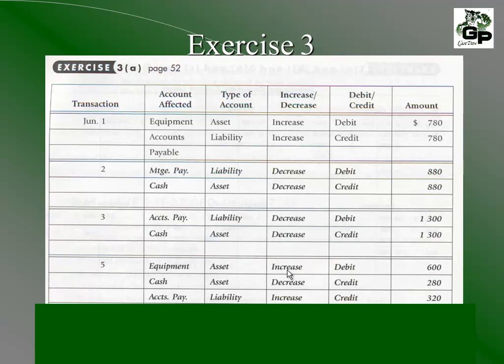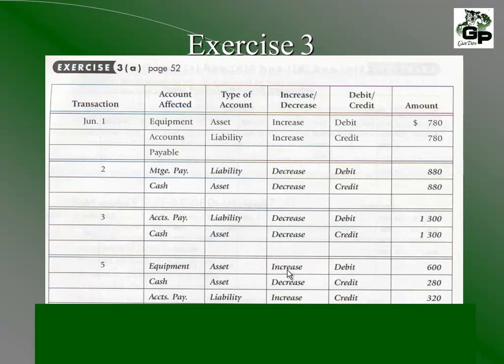On June the 5th, this transaction affected three different accounts: equipment, cash, and accounts payable. Equipment is an asset account, cash is an asset account, accounts payable is a liability account. In this transaction, equipment increased, cash decreased, and accounts payable increased. Asset accounts increase on the debit side.